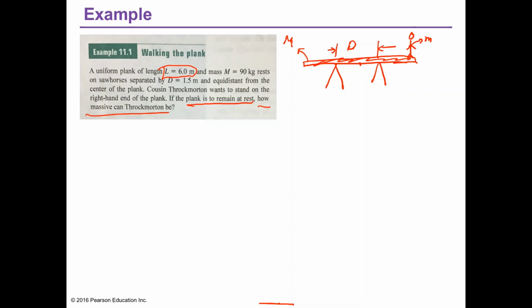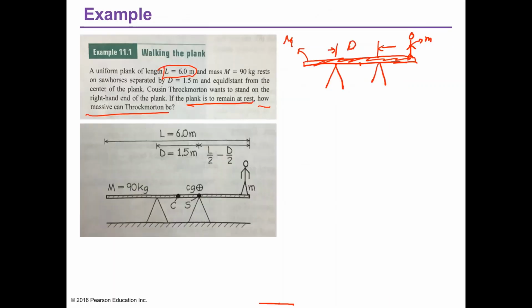This is exactly where we can apply what we've just learned. If you look at this system again, we have this 90 kilogram plank, and this person sitting at the end. We have two supporting points, and this is the area of support.